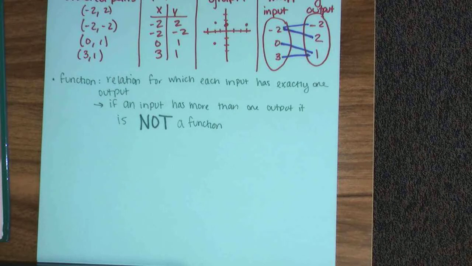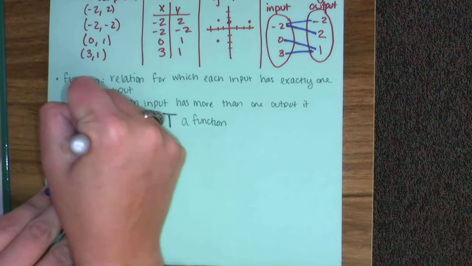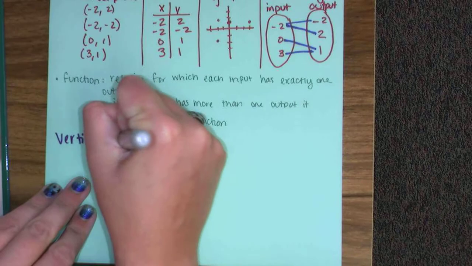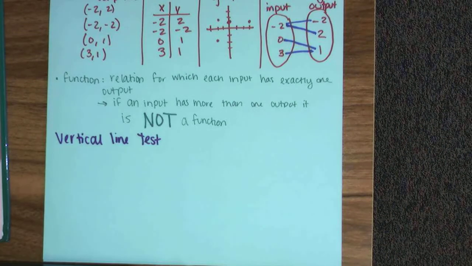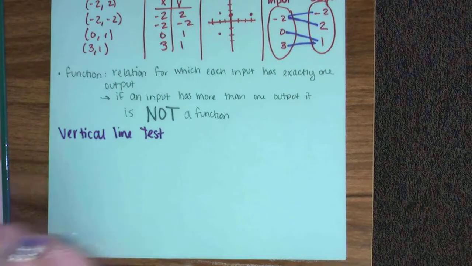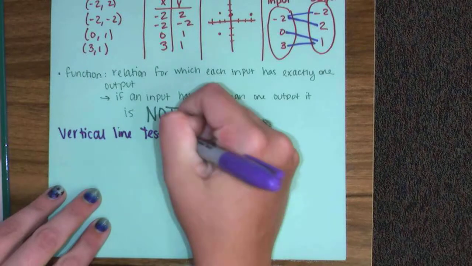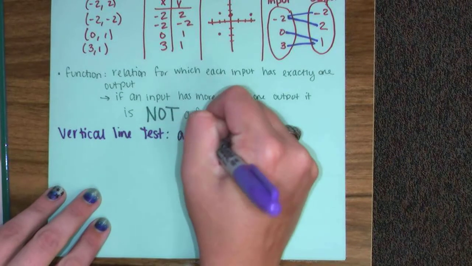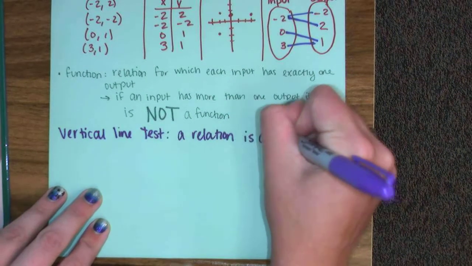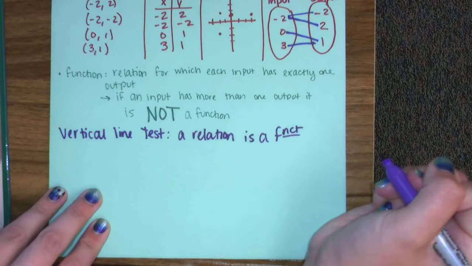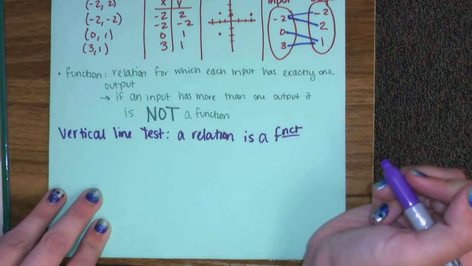We have what we call a vertical line test. So when we graph, we can see if it's a function or not. And so for this, a relation is a function. Okay, FNCT is how I write function, so you'll see that a lot.